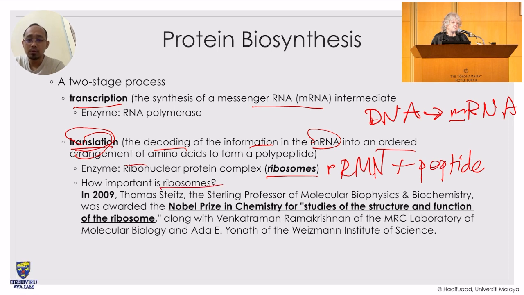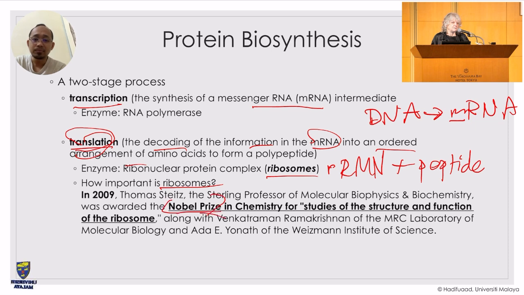And just to show the significance of this complex called the ribosome, back in 2009, Thomas Steitz, a Sterling professor of molecular biophysics and biochemistry, was awarded a Nobel Prize.